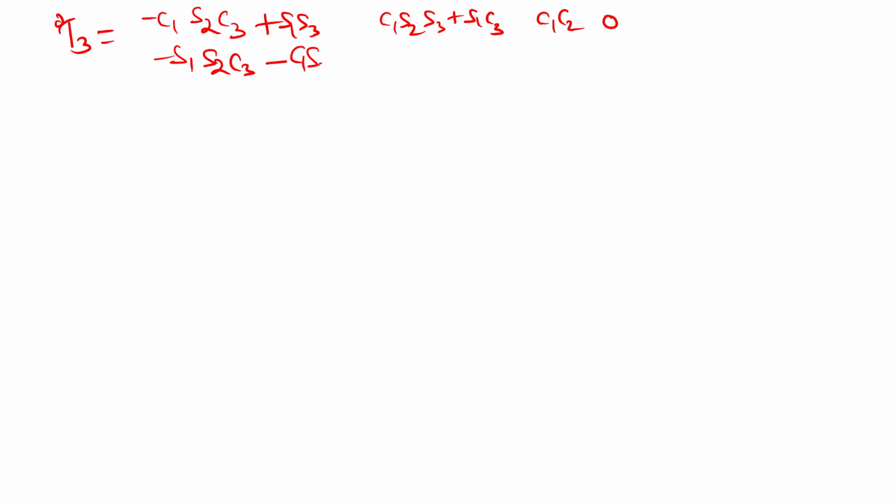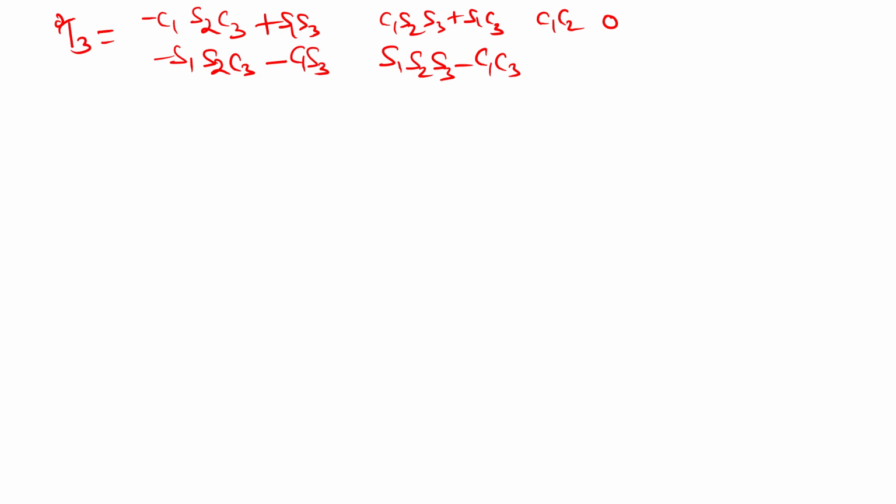So minus C1 S2 C3 plus S1 S3, C1 S2 S3 plus S1 C3, C1 C2, 0. And then the next one is minus S1 S2 C3 minus C1 S3, C1 C3 and then S1 C2, 0, because already I have calculated this, that is why I'm just copying the calculated one.